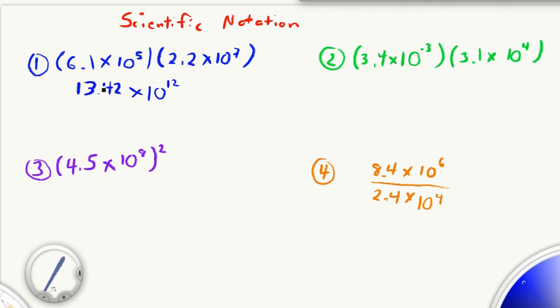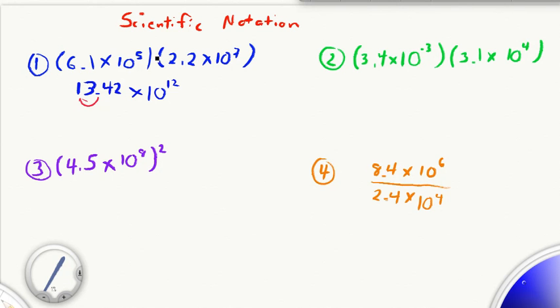But look at your answer here. This is not in scientific notation. In scientific notation, you're only allowed to have one number before the decimal point. So we need to take this decimal point and move it right here in between the 1 and the 3. Okay?